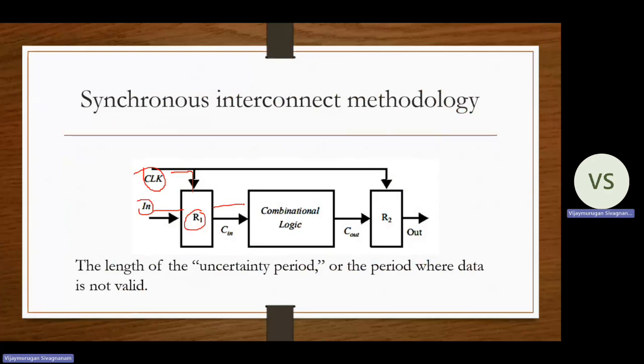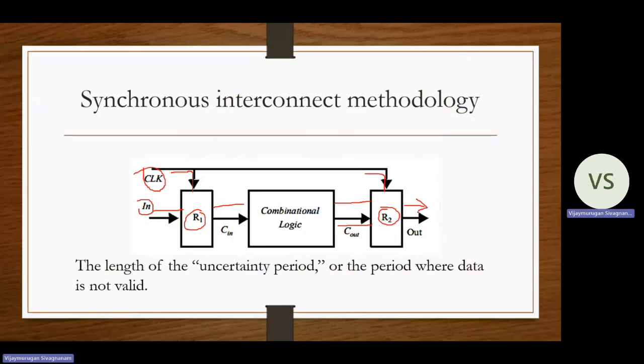That output is called CA. This combinational logic block does some operation, then the result is applied to the input of the R2 register. After getting the clock pulse, R2 gets the data, the C out value, then samples the data. After sampling, it will produce the output.